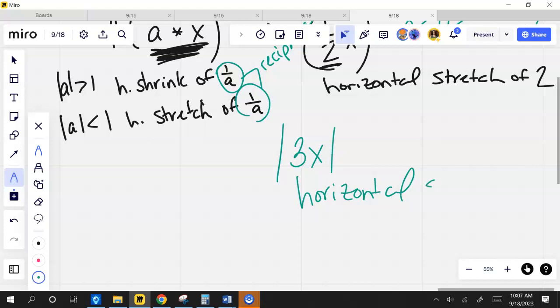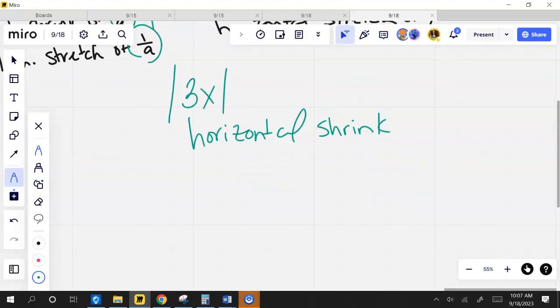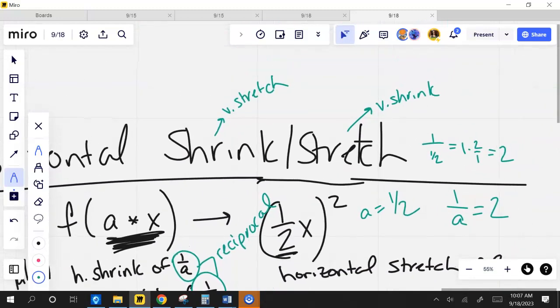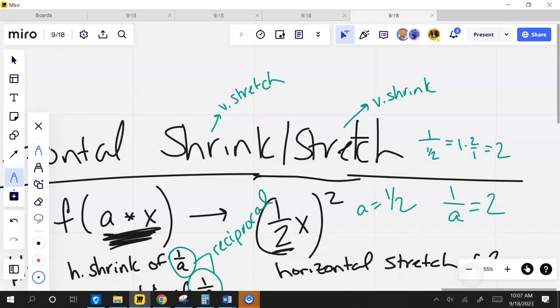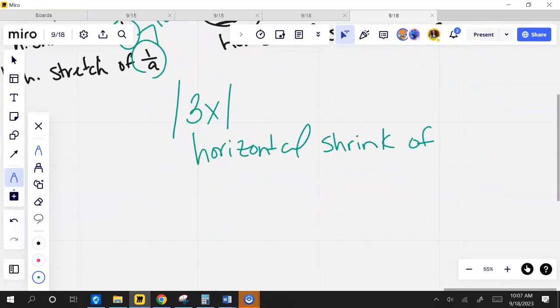Shrink, because it is greater. Horizontal shrink of what? Flip it. 1/3. You always flip horizontal.